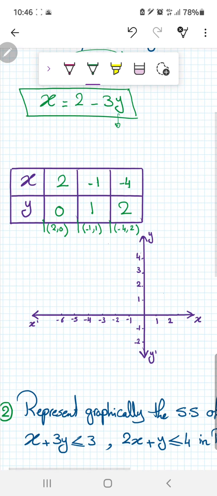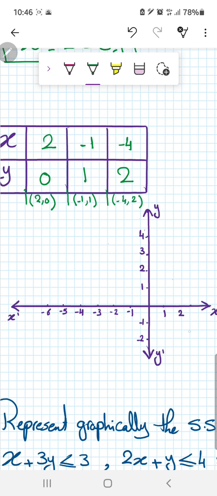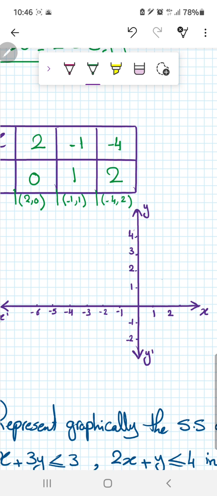Okay, draw a square lattice, x-axis and y-axis, here x and here x dash, y and y dash, and represent the points. Here first point 2 and 0, it belongs to the x-axis. Negative 1 and 1, negative 1 in x and 1 in y, it will be here. Negative 4 and 2, negative 4 in x and 2 in y, it will be here.